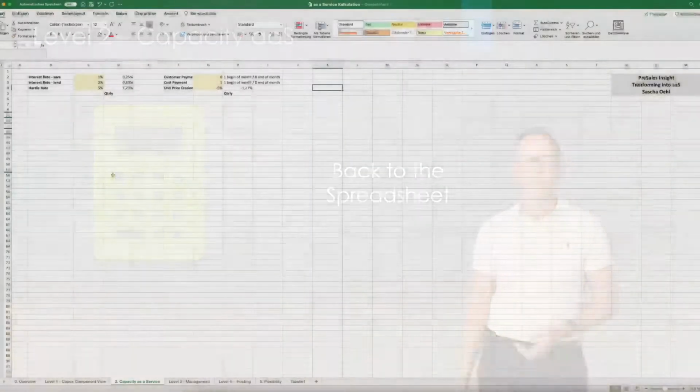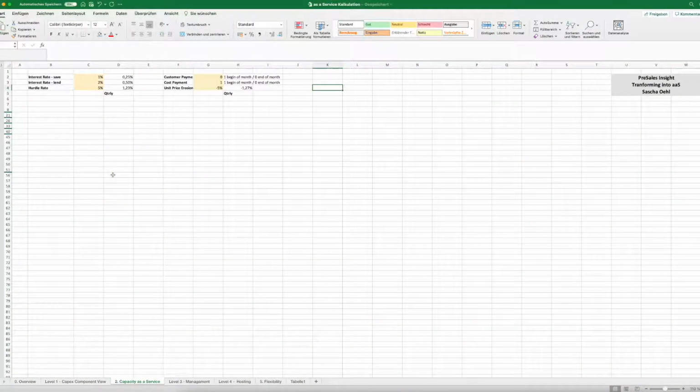Yes, now that we are back to our calculation, we are going into a basic as-a-service calculation. As we did before, we put everything that we know on the top of our sheet: the interest rate for saving, with a quarterly equation to it, the interest rate of lending money, the hurdle rate that we have defined, if the customer is paying in the month or after the month, and if we pay in the month or after the month, and the price erosion of the unit that the customer demands.